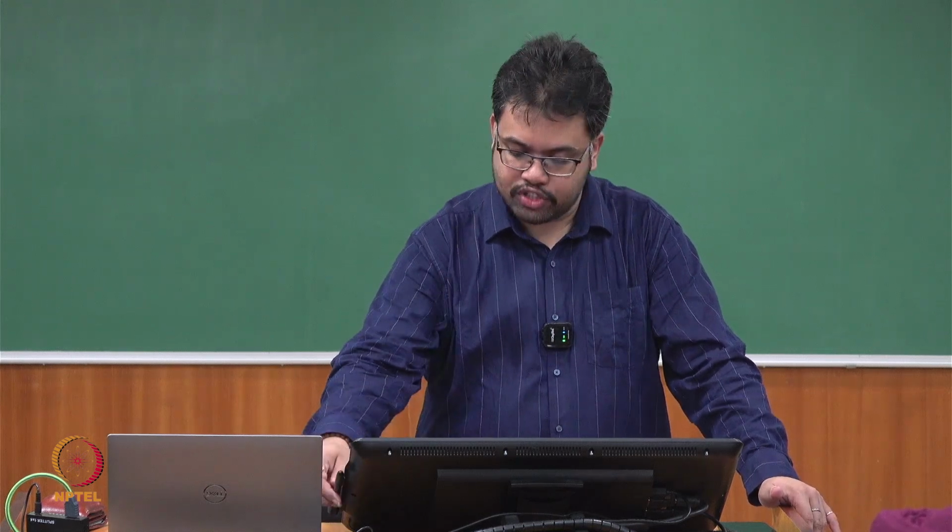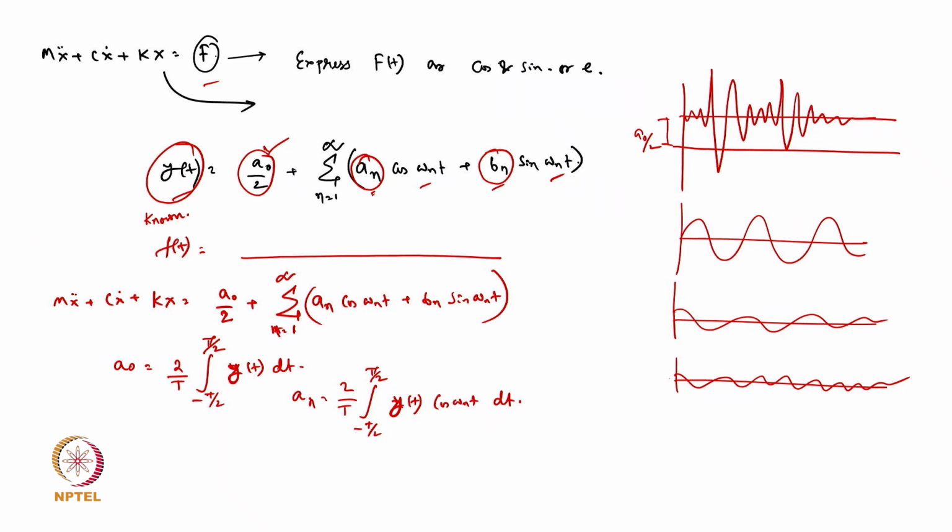So if we see, we have our basic equation of motion, that is m x double dot plus c x dot plus k x equal to force. Now we may have f of t, some forcing function, some random function.